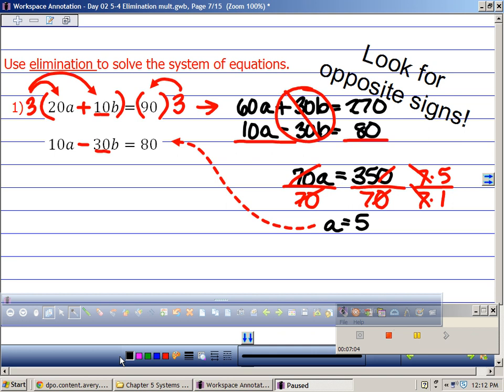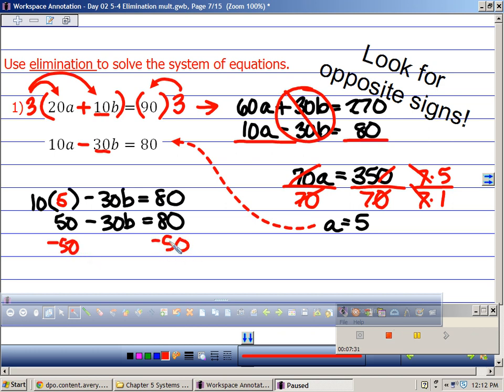Okay, so now I have 10A minus 30B equals 80, and I know that A is equal to 5. So 50 minus 30B equals 80.